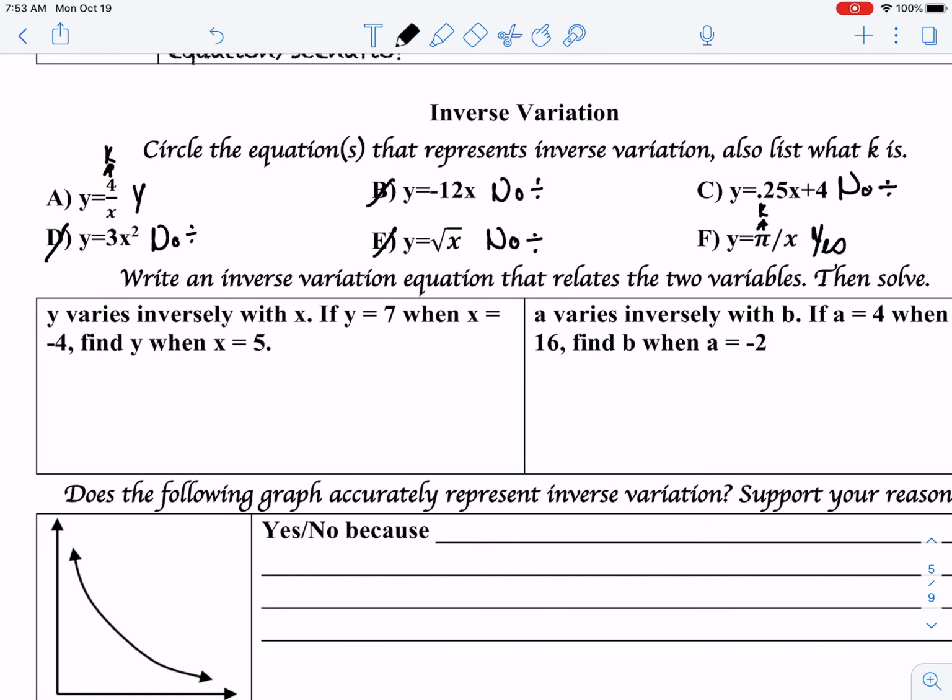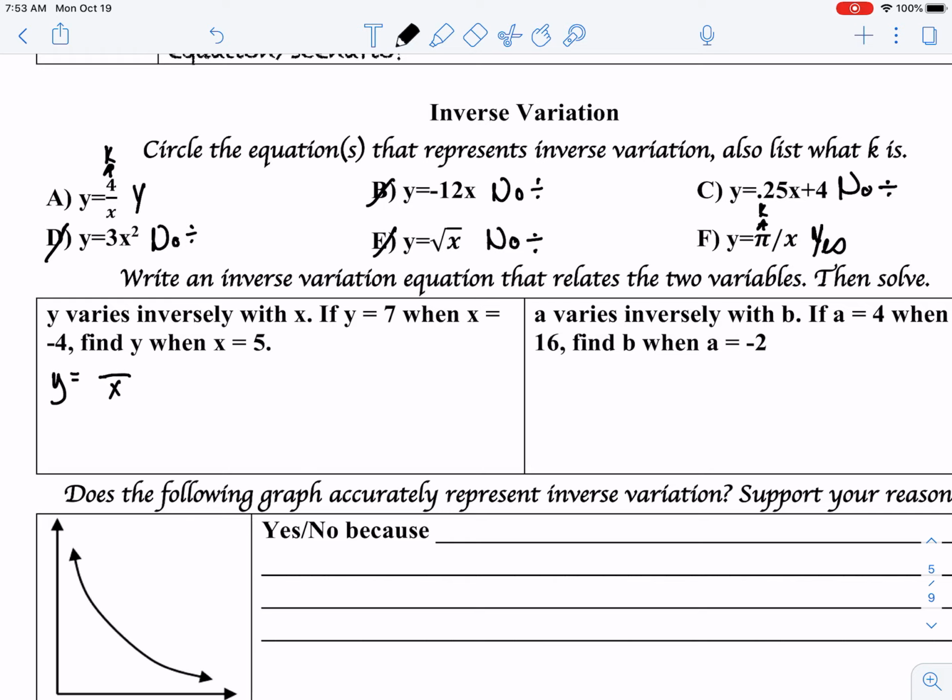To actually find them, again, we're going to find k, then use that k value in the second equation. All right, so again, y, whatever varies is on the left. Inversely is going to tell you division. What does it vary with?